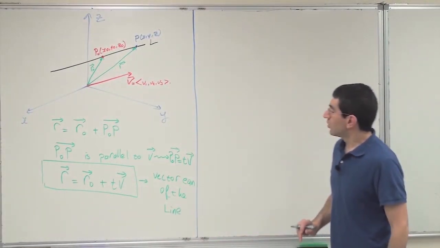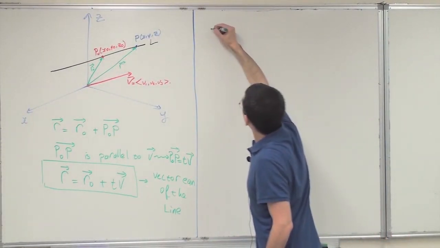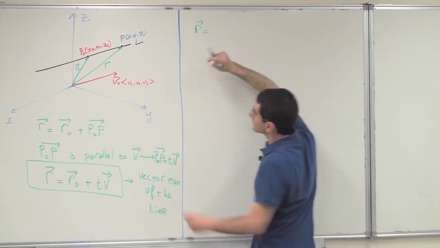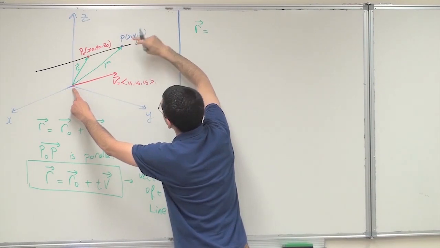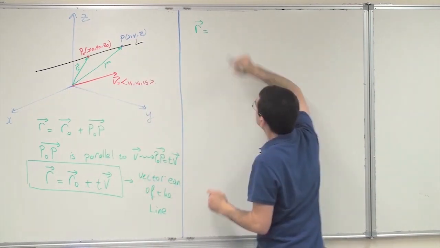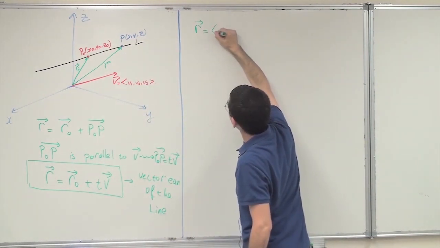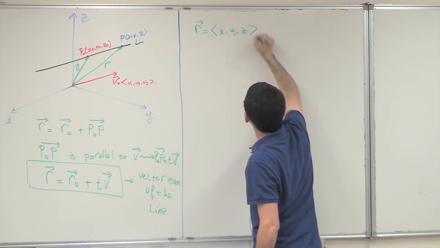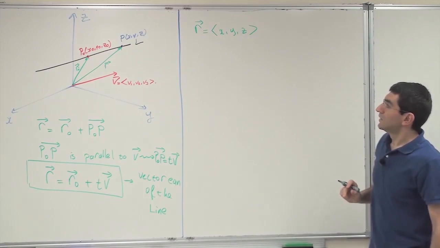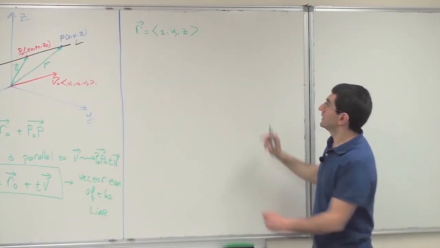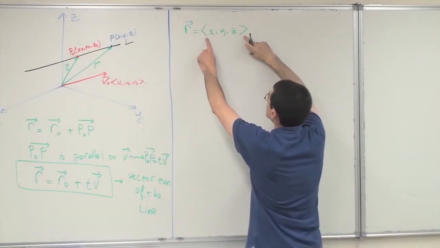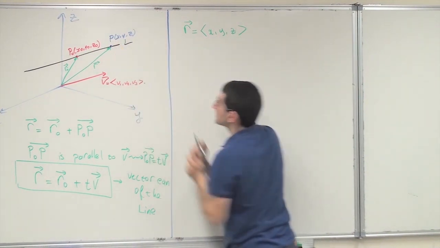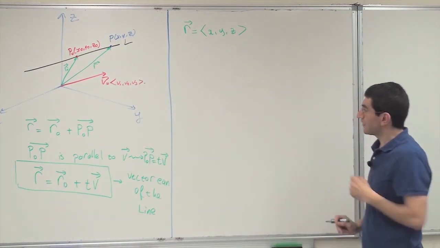So let's write the components of the vector r. It's the vector between the origin and the point P, so its components are x, y, and z. Please note the difference in notation: I use brackets to represent vectors, and I use parentheses to represent points.